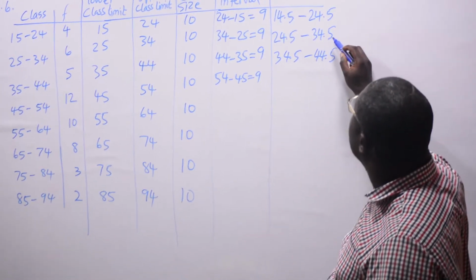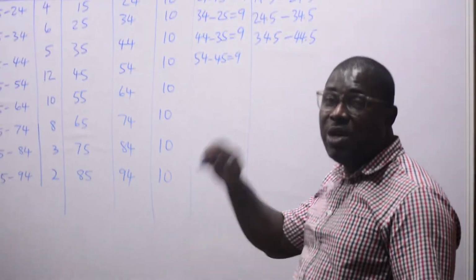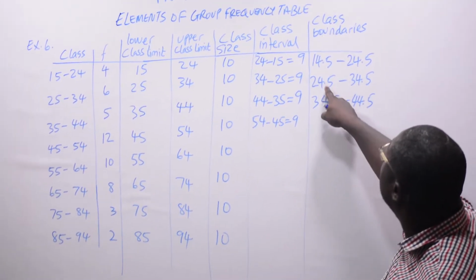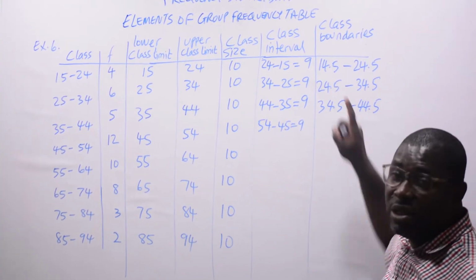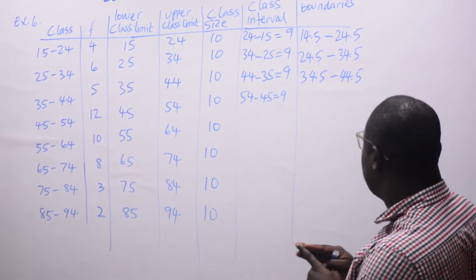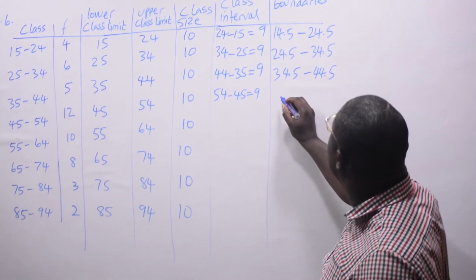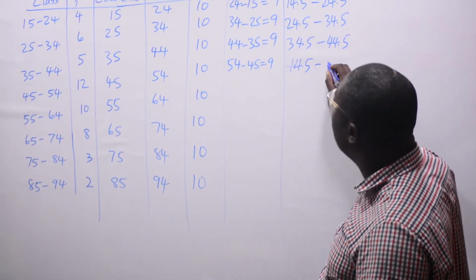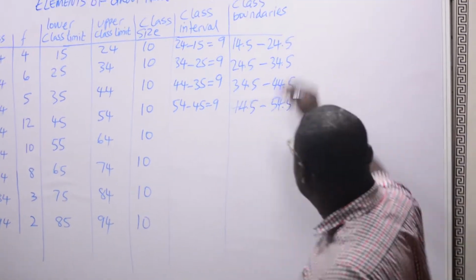So you see that we call them class boundaries; another name for the class boundary is the true class limit, because you see that it joins both classes at the same point. So if you have to construct a histogram, there will be no space between the bars, as we're going to see in another lecture later. So the next class here will be 44.5 to 54.5. I want you to complete this in your own time.